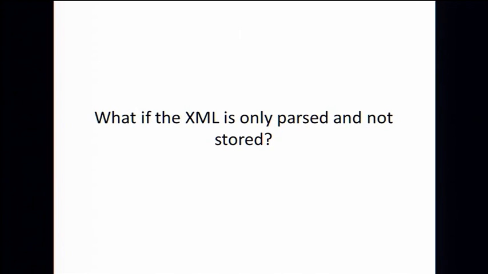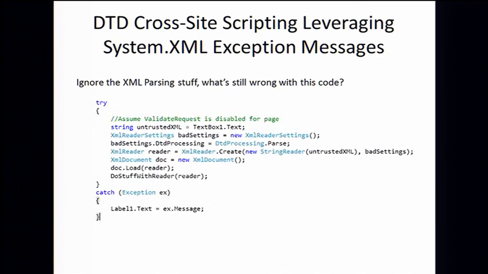So what if the XML is only parsed and not stored? There's certain scenarios here that are pretty interesting. Let's take a look at this code. So this is some C#, and what it's doing is it's taking this untrusted XML string, and it's reading it, it's parsing it. DTDs are enabled, and that's important. And so ignoring all the stuff that's wrong with that, there's this try block, and then there's a catch block.